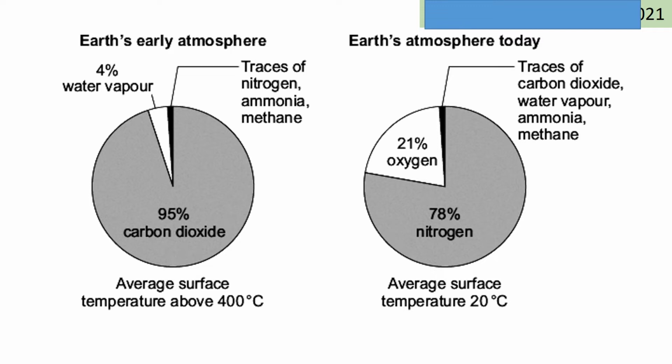That's just the average temperature of the Earth, with 78% nitrogen, 21% oxygen. So as you can see, by reducing the carbon dioxide amount, we have cooled the Earth down. So reducing carbon dioxide cools the Earth.